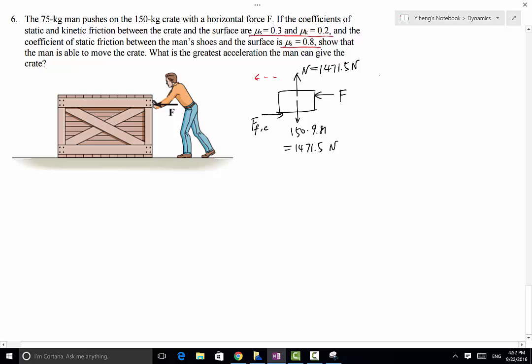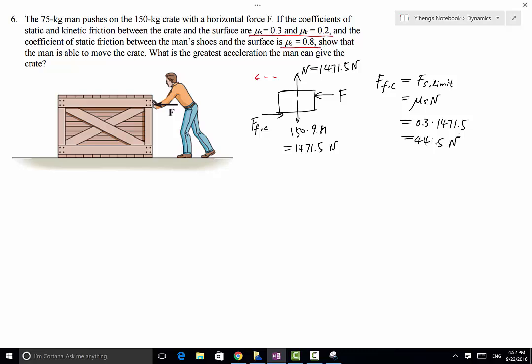When the crate is about to move, the friction reaches the limiting static friction, which equals mu S times N. In this case, that is 0.3 multiplied by the normal force 1,471.5, which equals 441.5 Newton. That is when the equilibrium of this crate is about to be over.